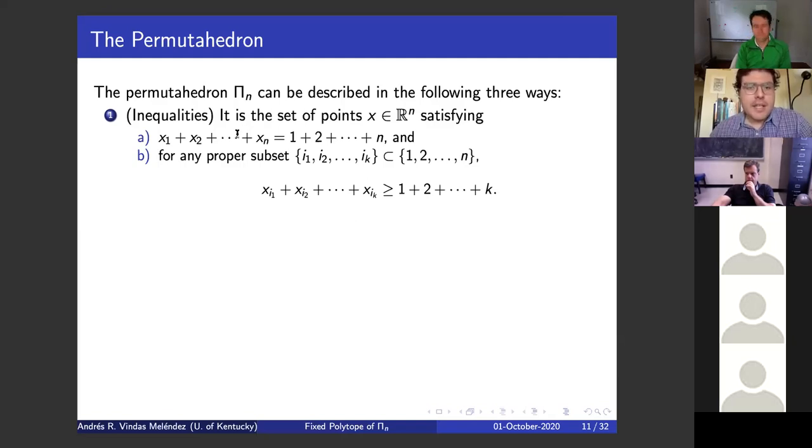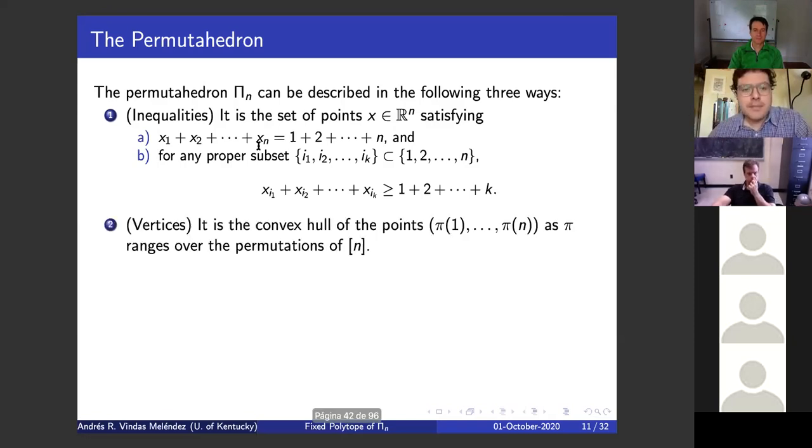And actually this equality, if you noticed before, you might have said we have a line segment living in 2 space, a hexagon living in 3 space, and a truncated octahedron living in 4 space. And so this equality is bringing down 1 dimension, okay? So the permutahedron is an n-1 dimensional polytope living in n space, okay?